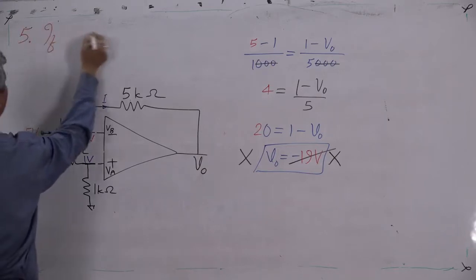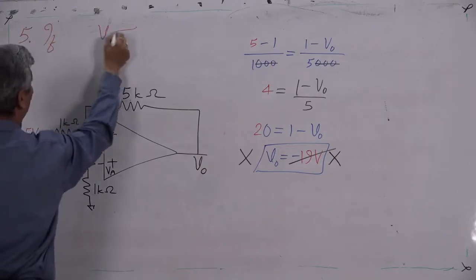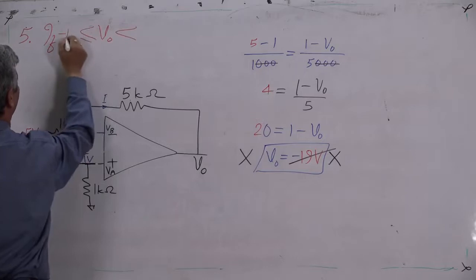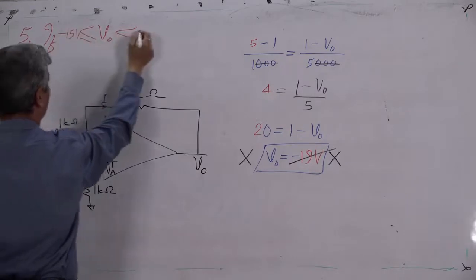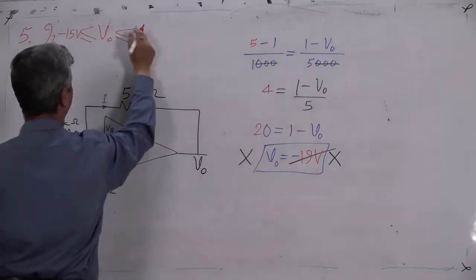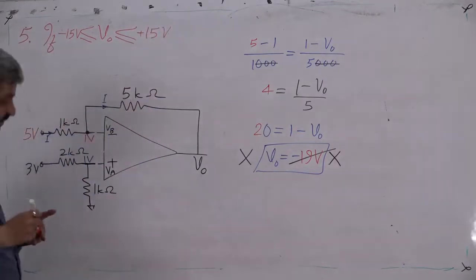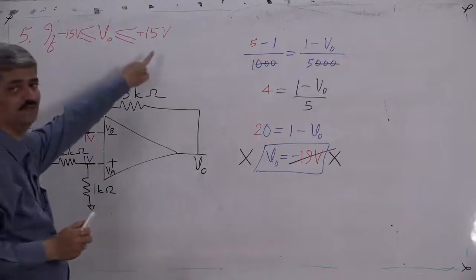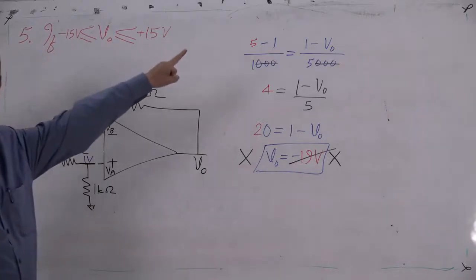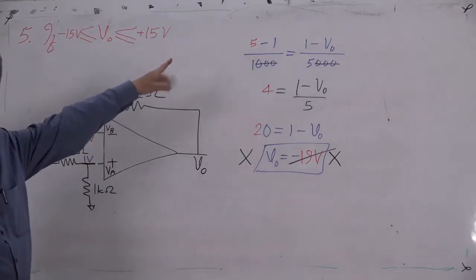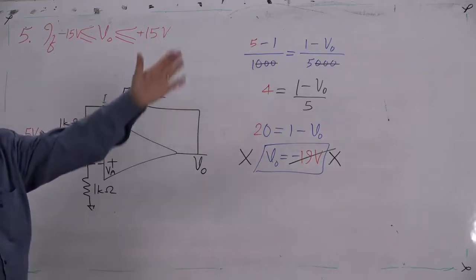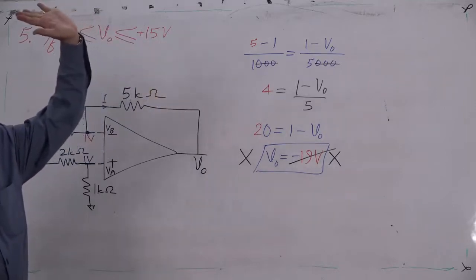The 5th thumb rule is: if the calculated VO by you is in between plus minus 15, I am assuming that supply is 15 volts, if it is between plus minus 15 volts, everything you have done is correct. Your solving of the example is complete. You go for the next question in your question paper if it is exam time, right?